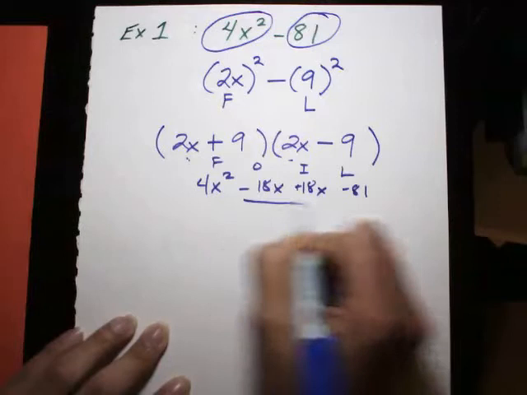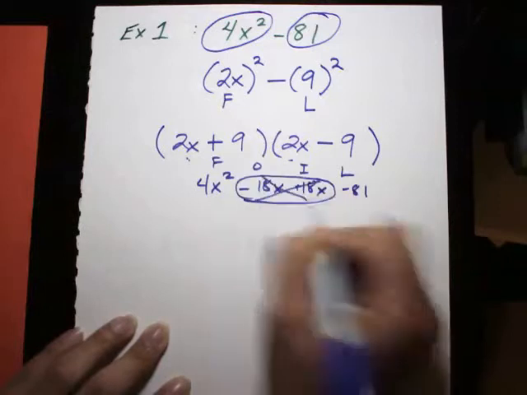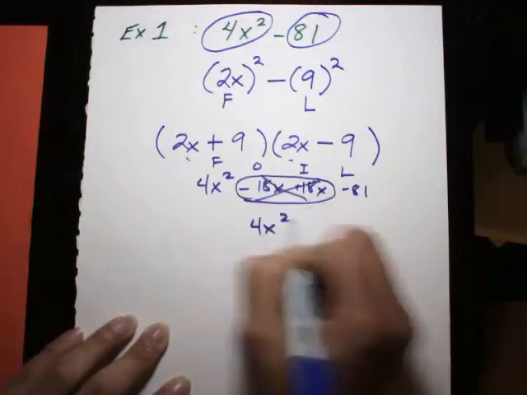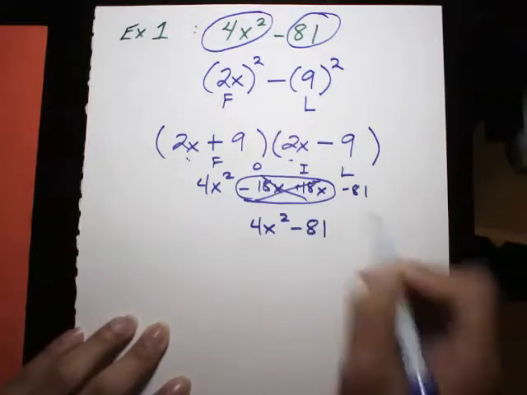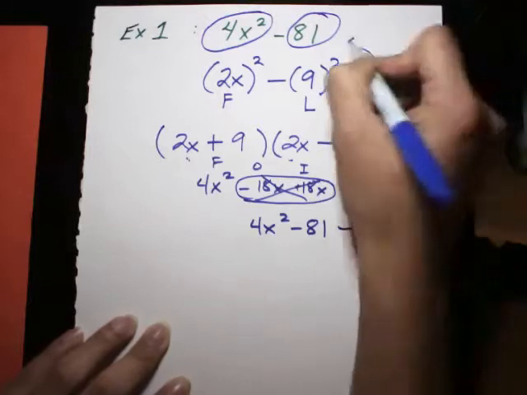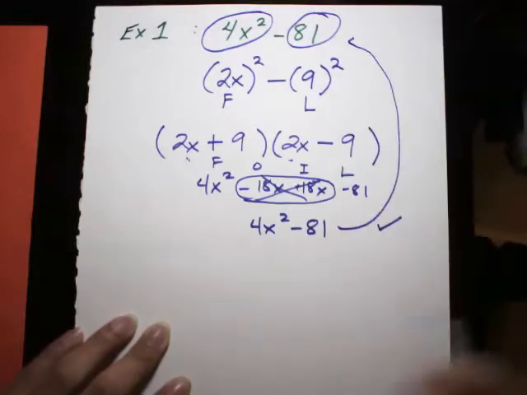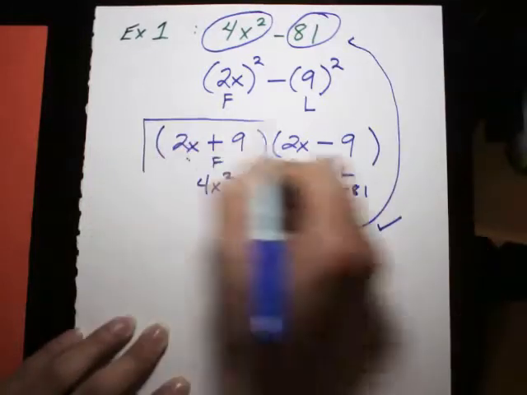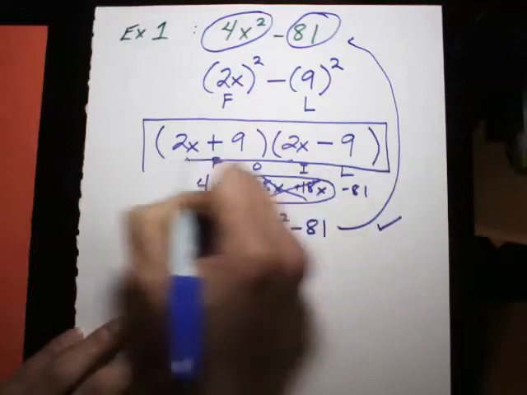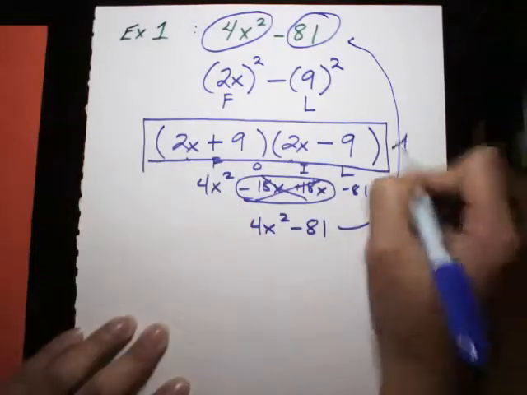Again, you have the positive and negative additive inverses, and what you have left is what you started off with. So this means that it checks, which means that you have completely factored your DOT. This will be your answer.